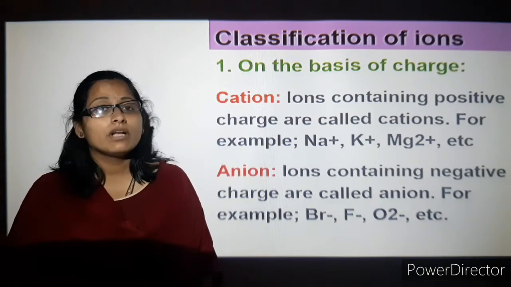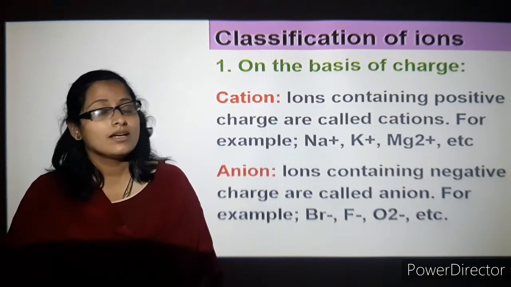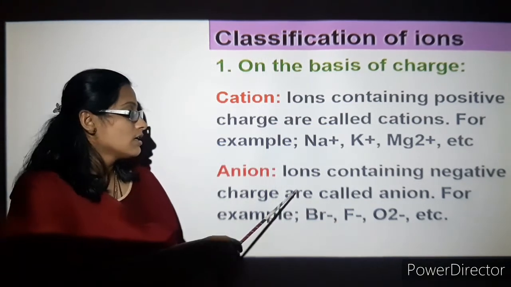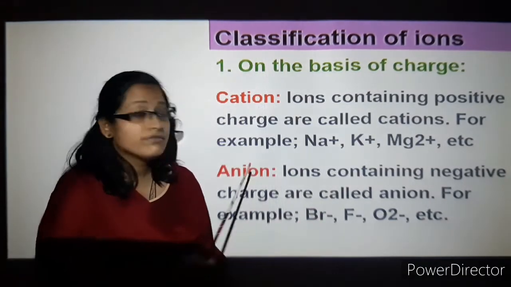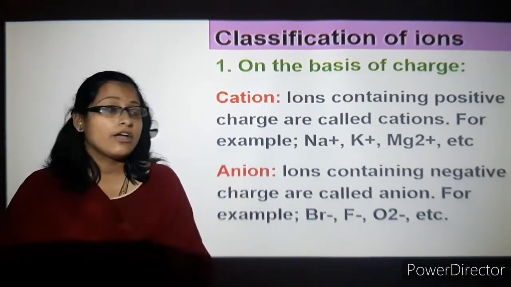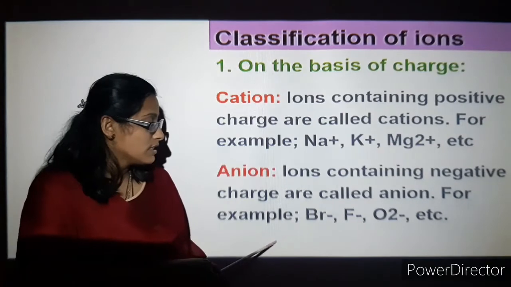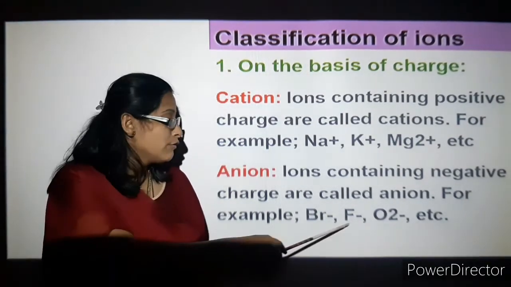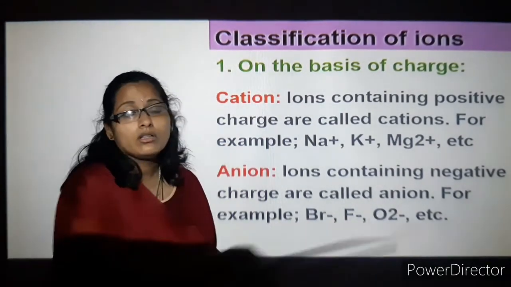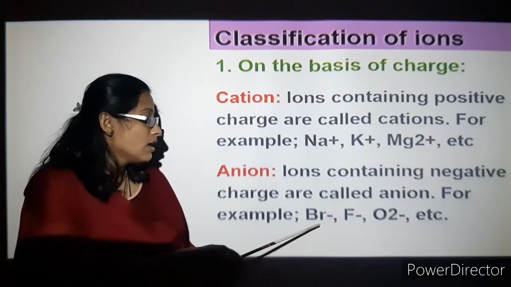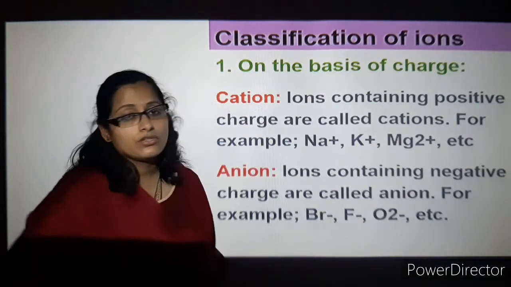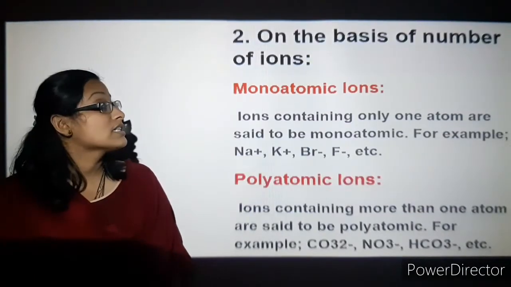Later we will understand that when we learn about valencies. Ions containing a negative charge are called anions. For example, bromine, fluorine, oxygen, all of these are non-metals and are negatively charged. We'll go to the next slide.